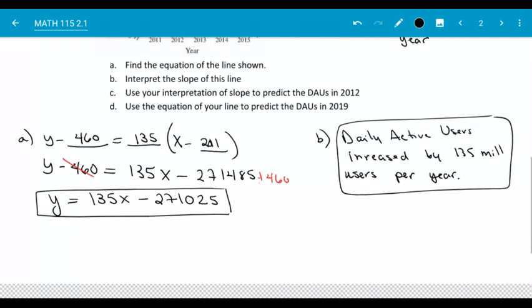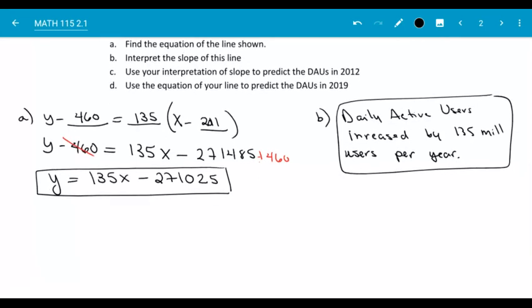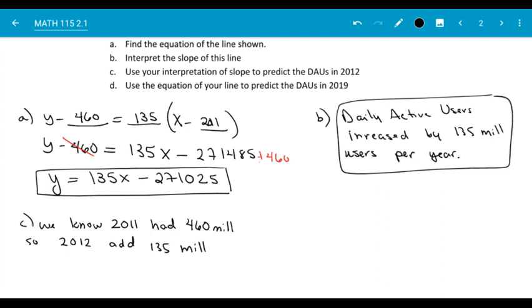Use your interpretation of the slope to predict the number that would be for 2012. So we know 2011 had, what did they tell us? 2011 had 460 million. So for 2012, we would add 135 million users.